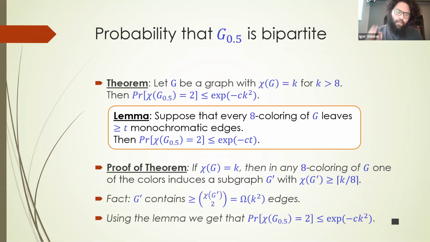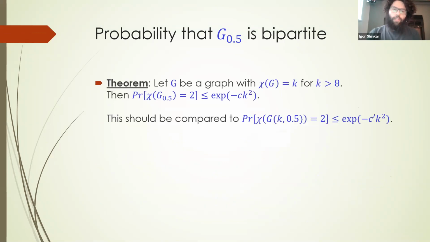But basically the conclusion is that if we want to ask what's the probability that G_{1/2} is bipartite, then we can compare this probability to what happens in the case when we start with a complete graph on k vertices. I would like to prove it for larger k's. Maybe I can prove it for k equals 3 or 4, but at some point this technique doesn't work anymore.